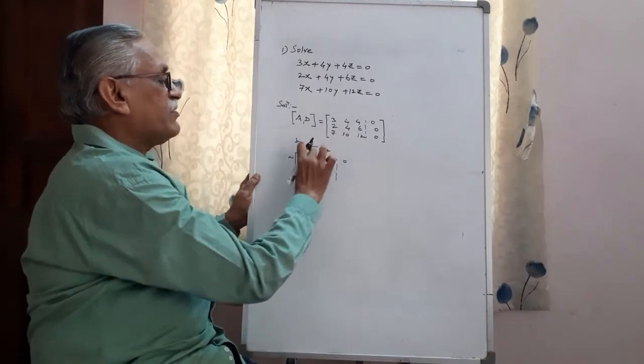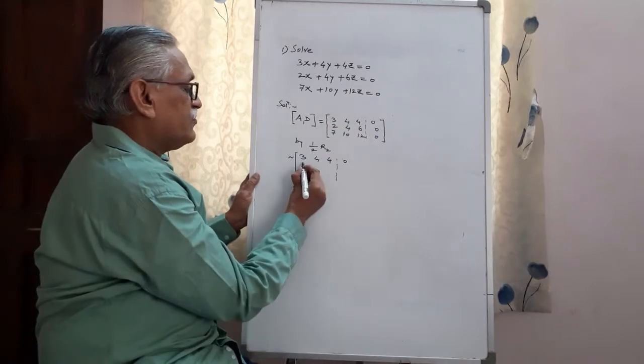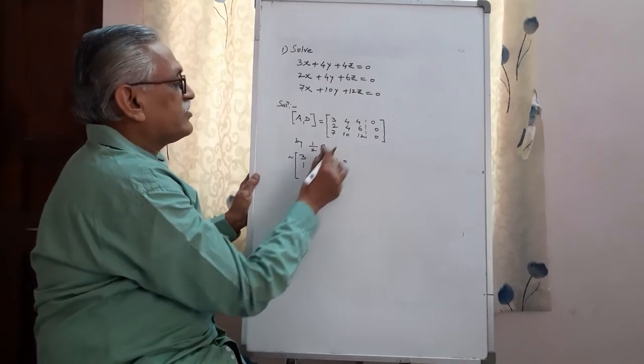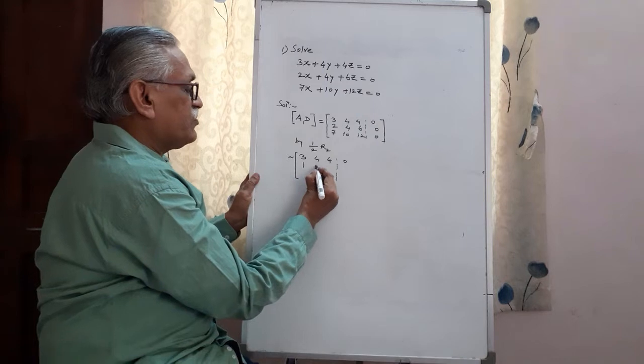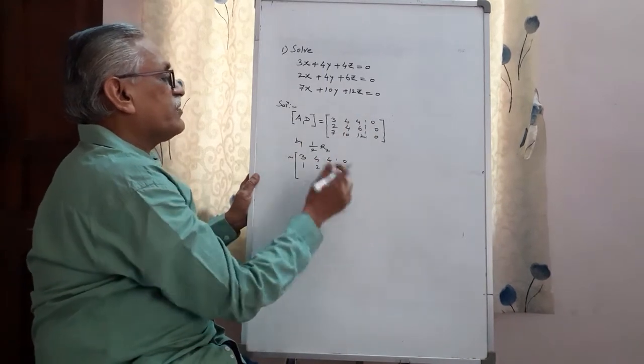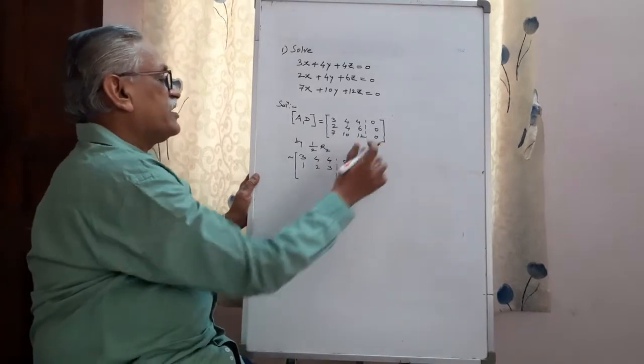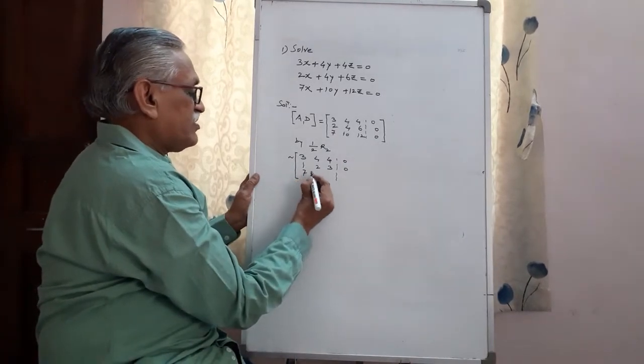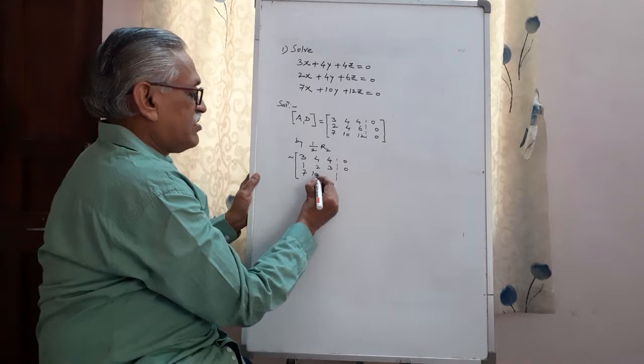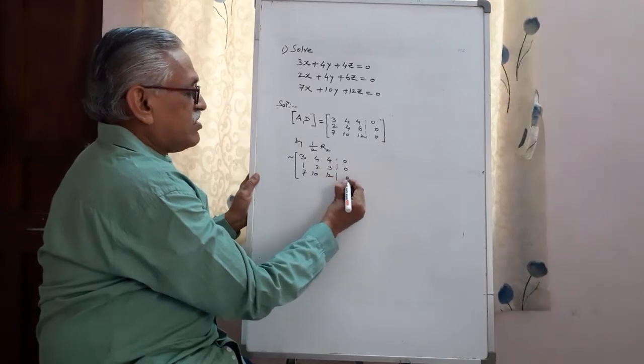Multiplying each element by 1 by 2: 1 by 2 into 2 is 1, 4 into 1 by 2 we get 2, 6 into 1 by 2 we get 3, and then last 0. Third as it is, 7 10 12.